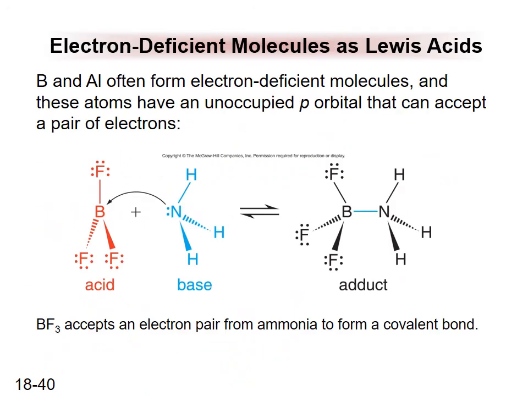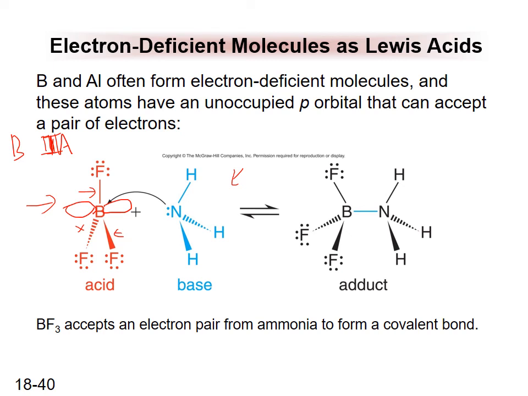Here again shows the reaction between boron trifluoride and ammonia. You can see in boron trifluoride, boron is group 3, a main group element, which means it has 3 valence electrons. So after forming 3 bonds, boron has no electron in its p orbital, so it has an empty p orbital.